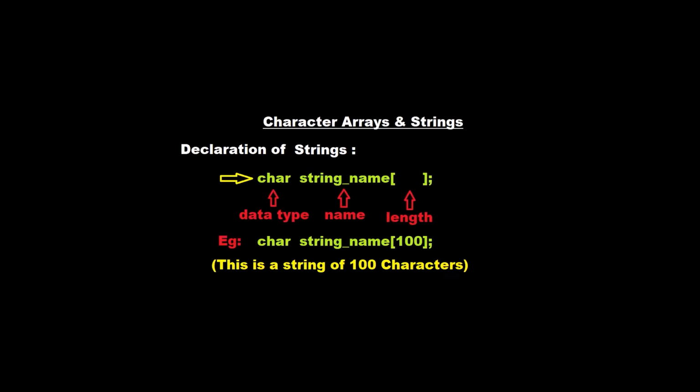Now after the declaration part, let us move on to the initialization part. There are two ways to initialize strings. The first way is using single character constants. Let us check an example.